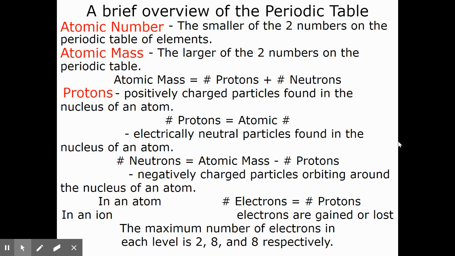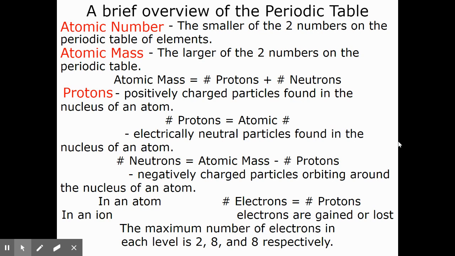They have a positive charge, just like if you think about a battery, positive and negative terminal. The number of protons that are in the nucleus is the atomic number. That's the smaller number. So if you have a smaller number of a 4, that's your atomic number. That means that's how many protons are in the nucleus.